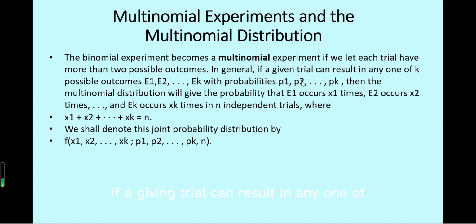If a given trial can result in any one of k possible outcomes E1, E2, Ek with probabilities p1, p2, pk, then the multinomial distribution gives the probability that E1 occurs x1 times, E2 occurs x2 times, and Ek occurs xk times in n independent trials, and the sum of x1, x2, xk equals n. We denote the joint probability distribution as f of x1, x2, xk; p1, p2, pk; and n. This is the multinomial distribution.